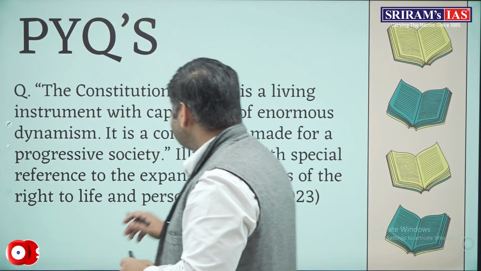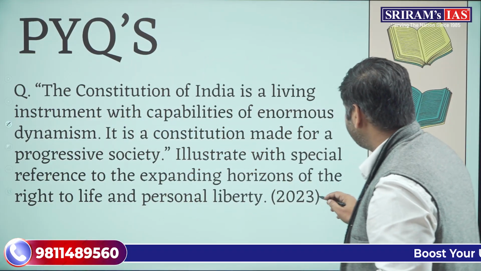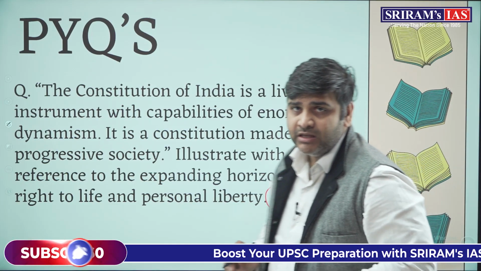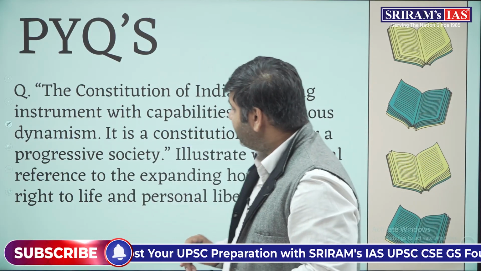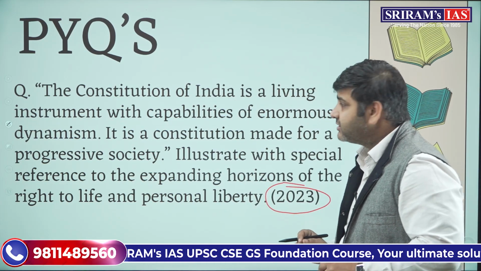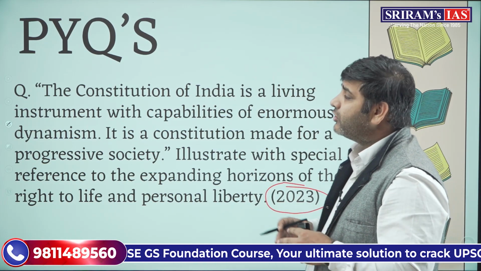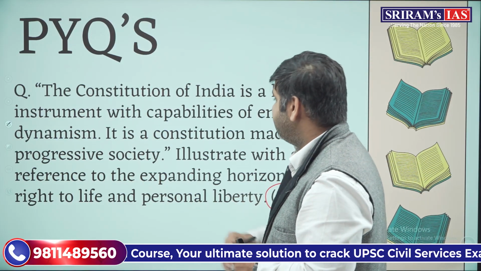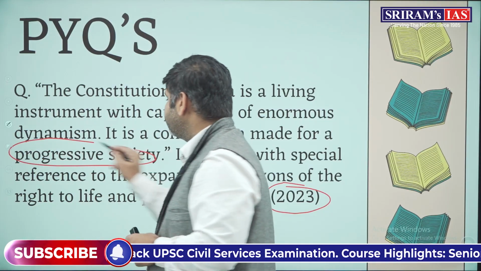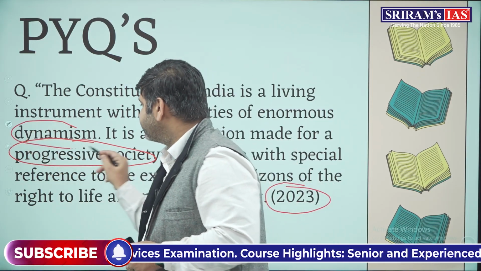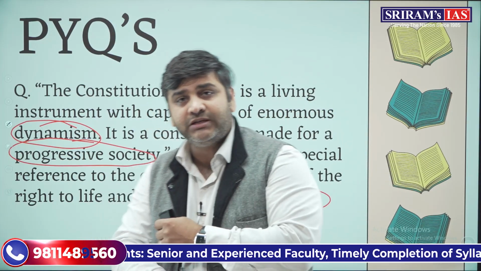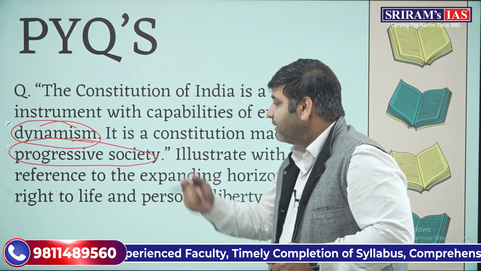Now, there is a previous year question which you must look into. It was asked in 2023 by UPSC in paper number 2. Look at this question. The Constitution of India is a living instrument with capabilities of enormous dynamism. It is a constitution made for a progressive society. So there is dynamism, it's flexible, it changes with time, it's a living document made for a progressive society.